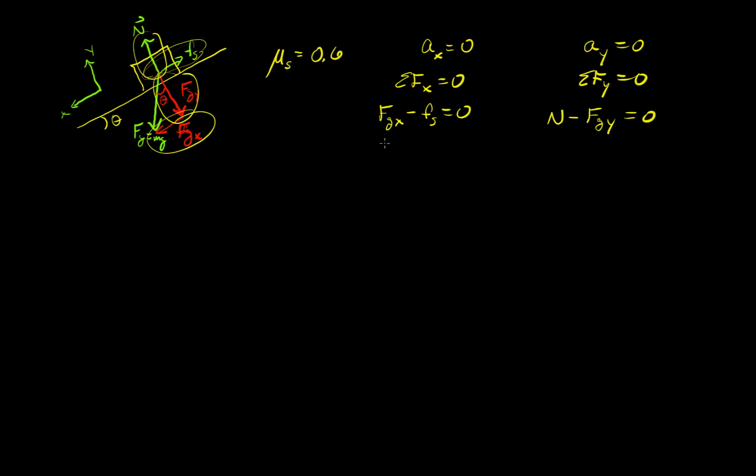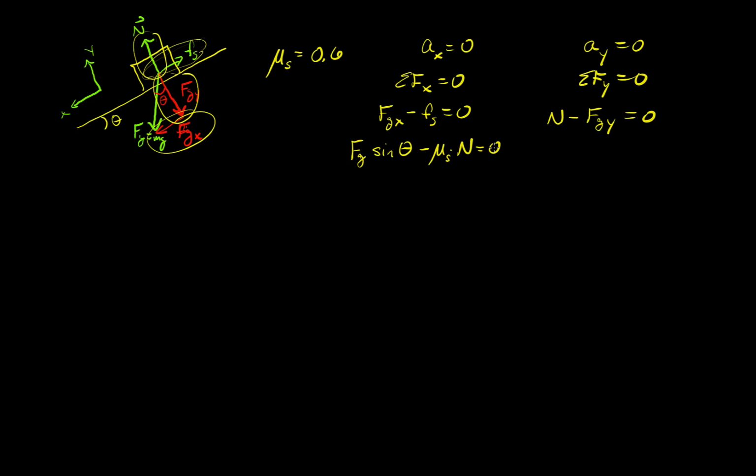Now we're going to start substituting our values. So fg in the x, it's opposite the angle, so this is going to be fg sine theta minus static friction, which is the coefficient of static friction times the normal force. That's equal to 0.